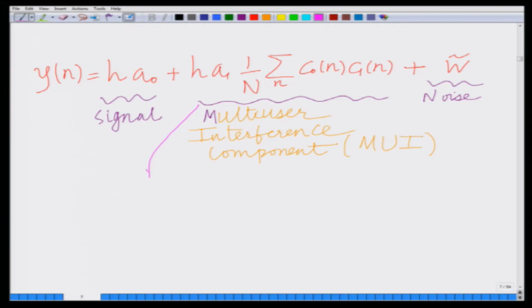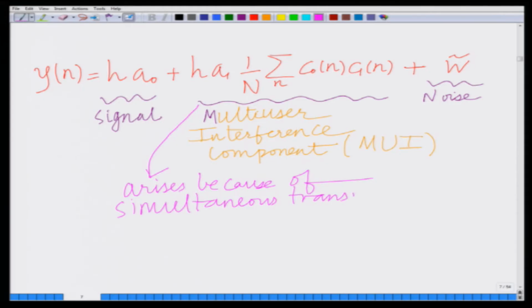It arises in a CDMA system because of simultaneous transmission. So, the multi-user interference component in the CDMA system arises because of the simultaneous transmission to multiple users.